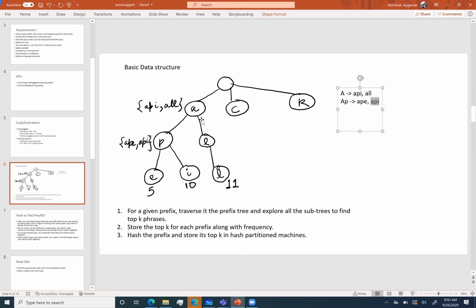So API and AP, what was the other one? ALL. Yeah. Those sentences are stored somewhere else in the hash, or in a list also. Maybe you can just store the pointer to where in the list you can get this particular value for retrieval. So it will only have pointers, which makes it easy later on. If some other sentence moves up in the bucket, you just need to change the pointer there.